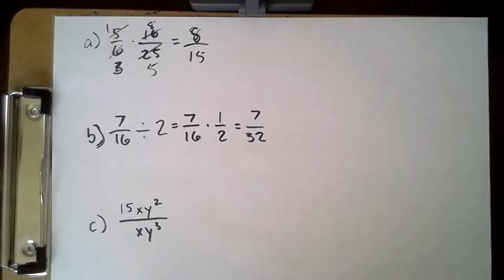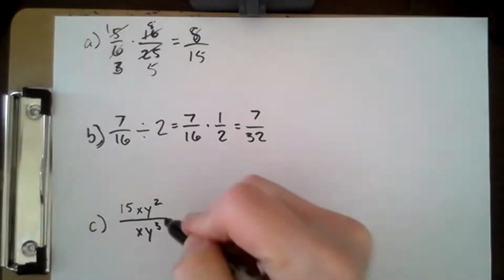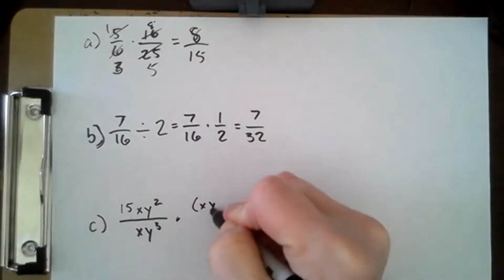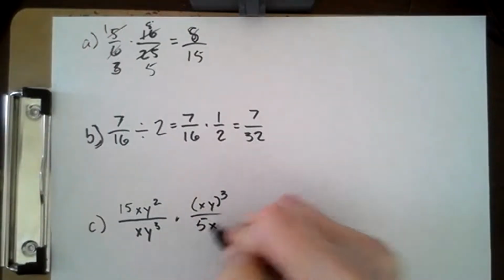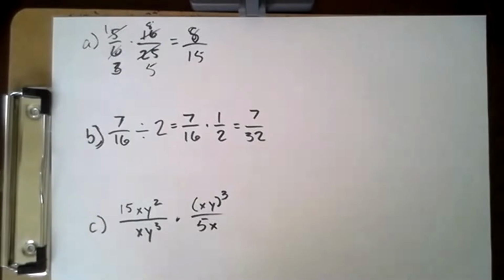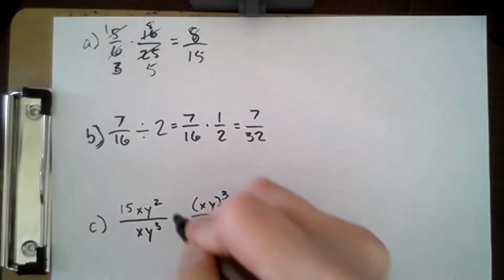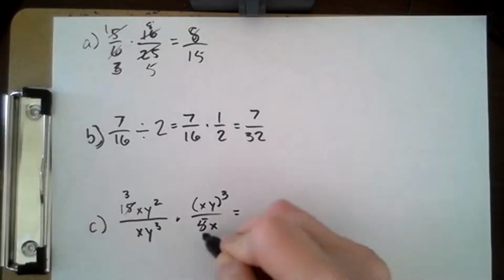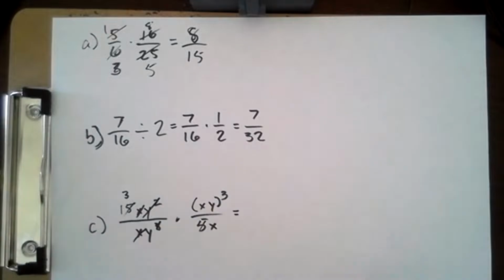For this next one, I seem to have missed part of the problem. It's supposed to be 15xy squared over xy cubed times xy quantity cubed over 5x. There we go. Having done this, we can simplify by canceling where we can cancel. There's that 3, we can get rid of that. Here's an x, we can get rid of that, and we can get rid of 2 of these y's.